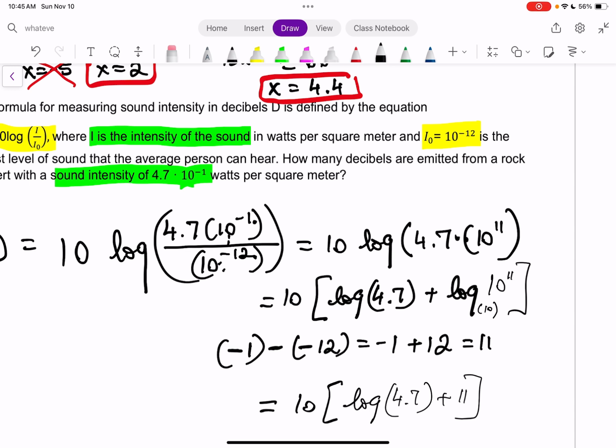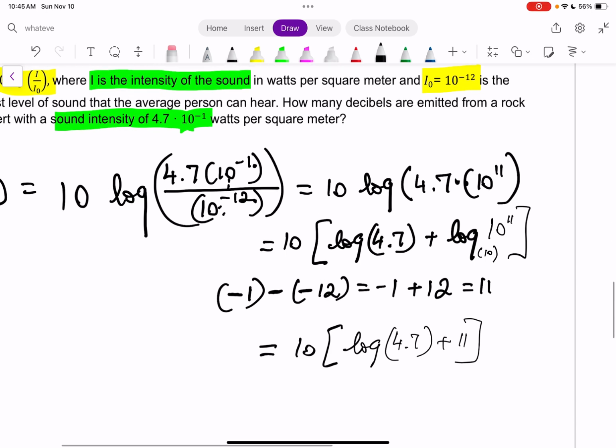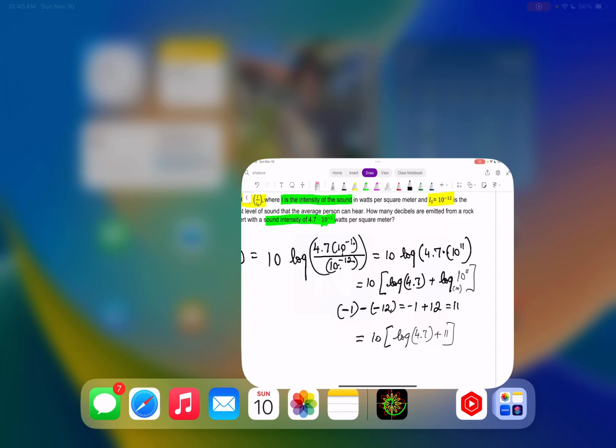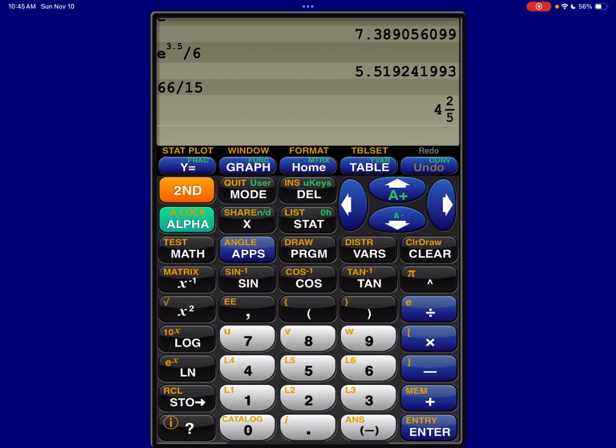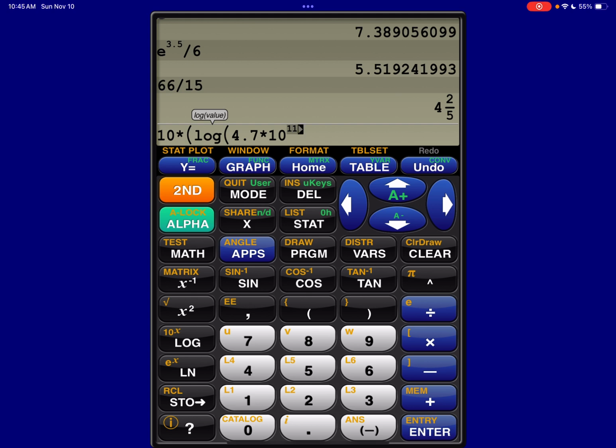But of course, all those properties of logs is really not a big deal. You could have even not switched the negative exponents either. So here it is.